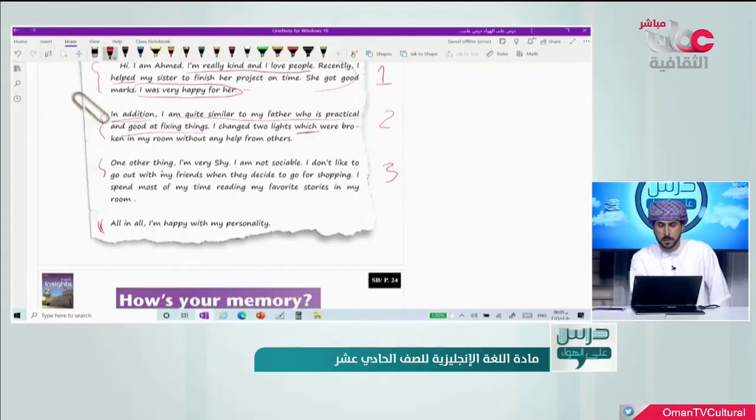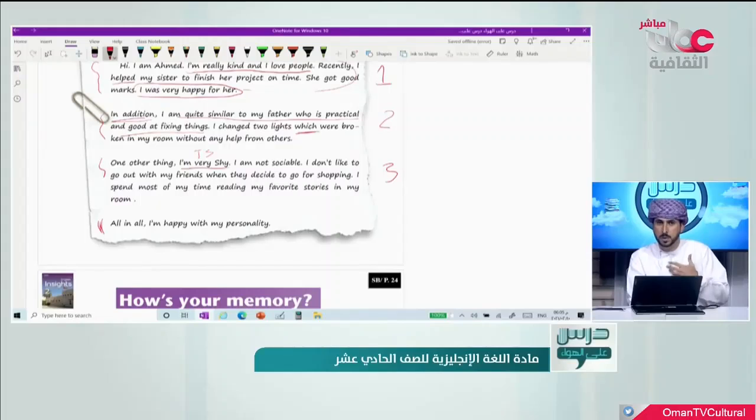One other thing, I am very shy. This is the topic sentence of this paragraph. And then the other sentences are called supporting sentences.